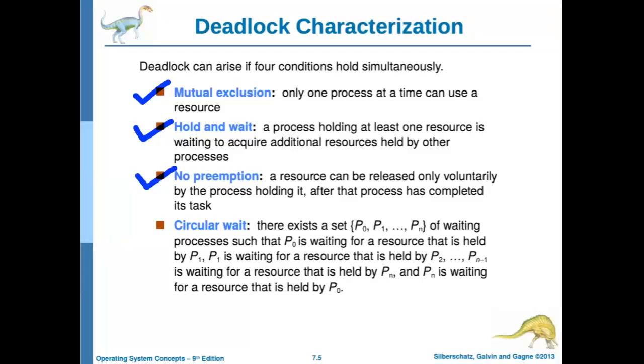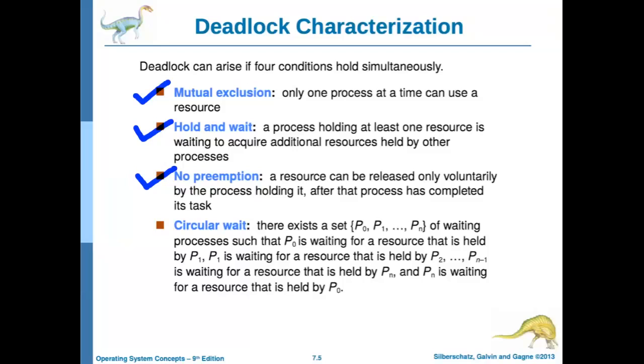and they are waiting such that P0 is waiting for a resource held by P1. P1 is waiting for the resource held by P2. P2 is waiting for the resource held by P3. And so on, like the second last, P of n minus 1, is waiting for a resource held by Pn.